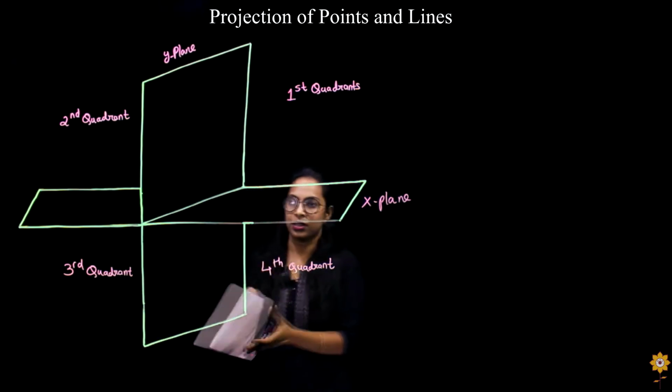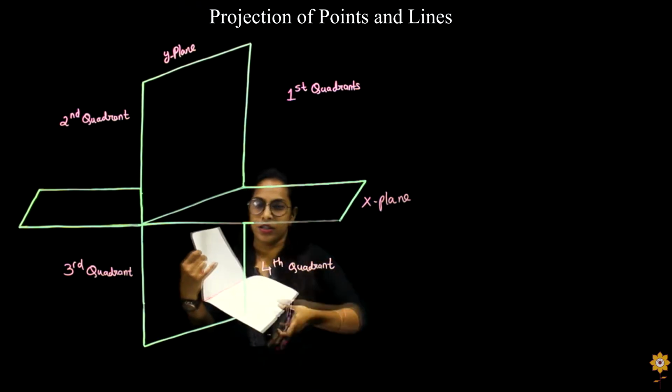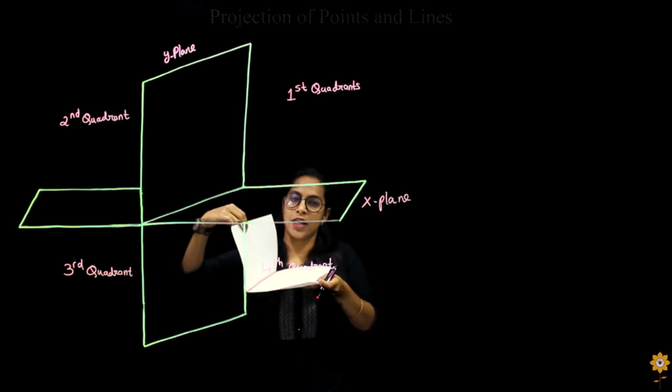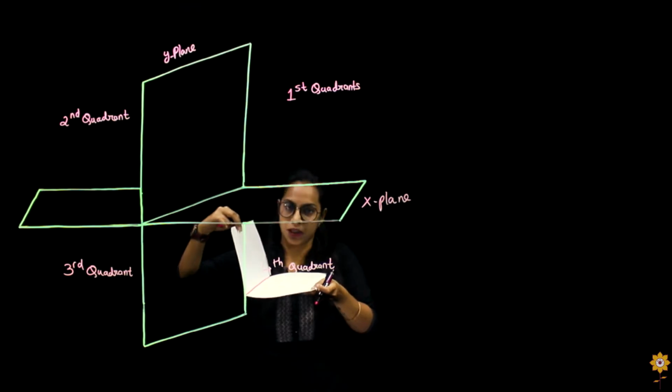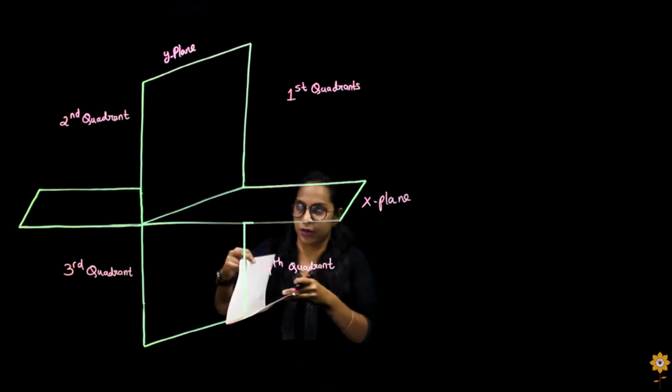So we have an example here. This is the first quadrant here, and this plane which is in y direction, we call it a vertical plane, and this plane which is in the horizontal direction is called a horizontal plane.